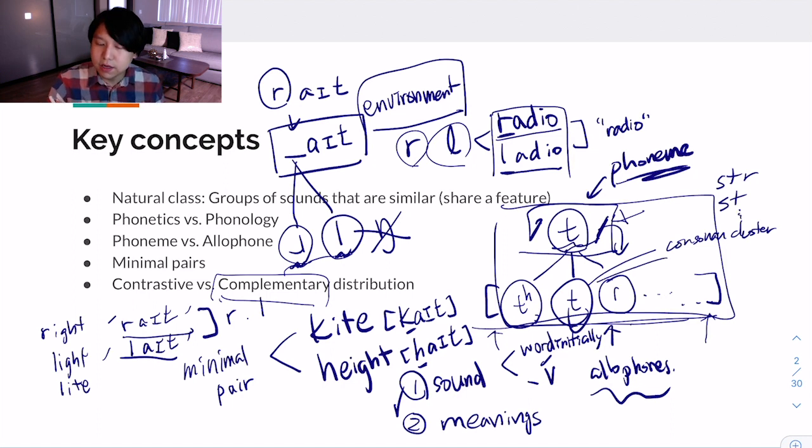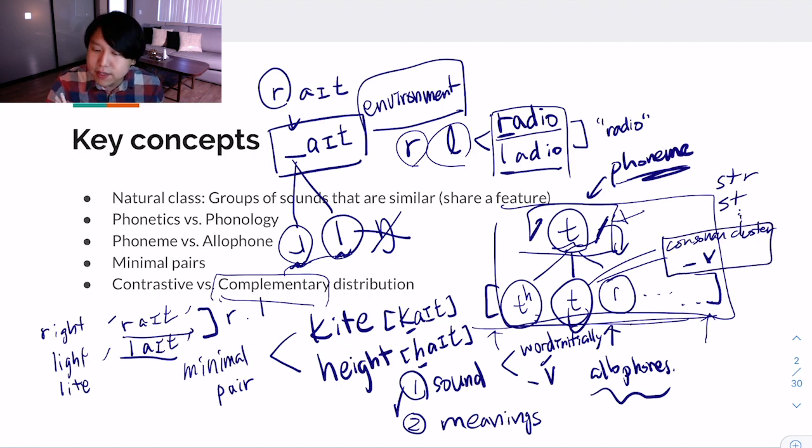And also in front of a vowel that is not stressed, like, for example, fantastic. Tas is a stressed syllable. Tic is not stressed, it is an unstressed vowel. So you say fantastic, you don't say fantastic with aspiration. So the T at the end does not have an aspiration.